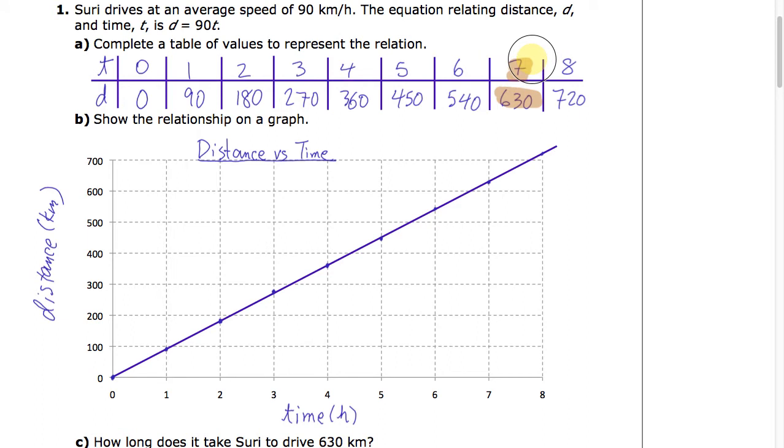But if I wanted to do that just strictly graphically, I could look at the 630 kilometer level here, and I could work my way across, make a mark if it wasn't a well-known value, and then drop down to see how long in time that would take. And of course you can see that's 7 hours. So this corresponds to what we found in the table here.